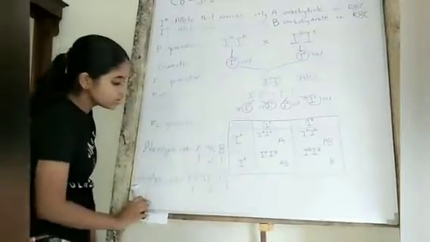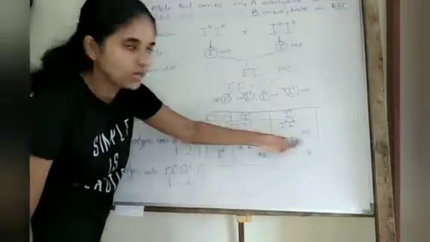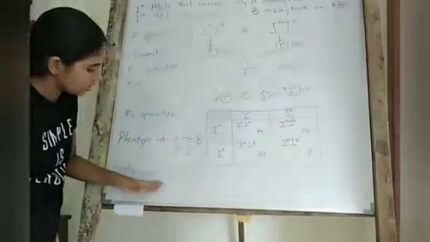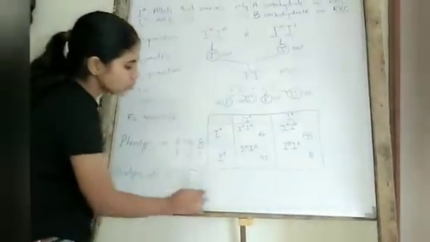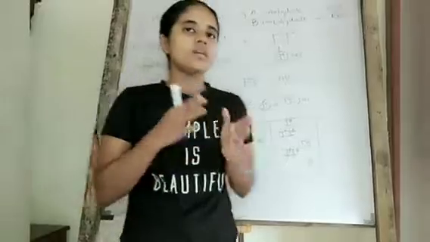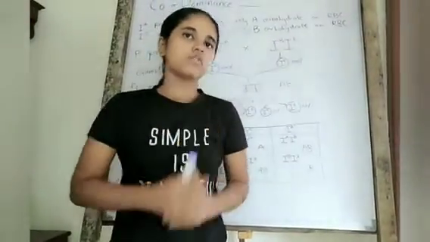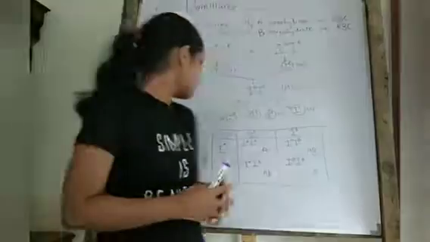And then we can write down the genotypic ratio, IA IA to IA IB to IB IB. The genotypic ratio is 1 to 2 to 1. So this ratio is again deviated from the Mendelian monohybrid cross ratio, which is 3 to 1.